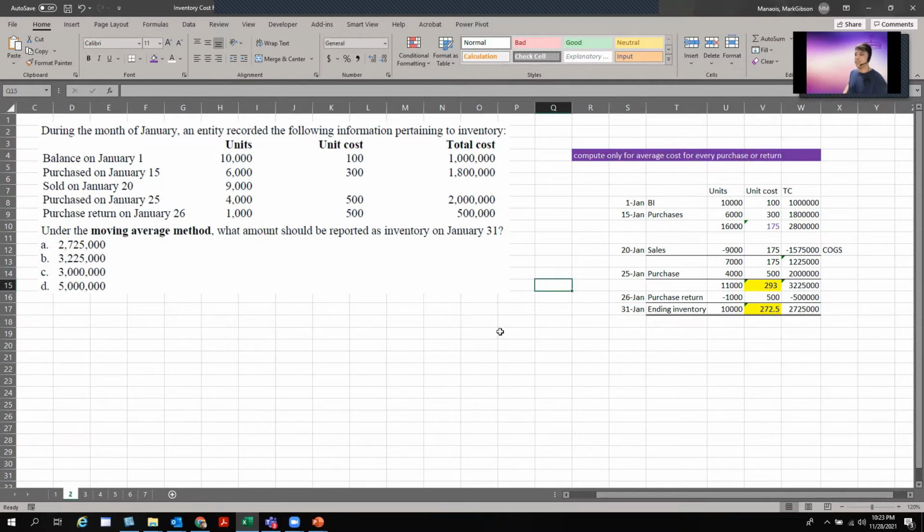So, pag-usapan ngayon natin yan, ano ba requirements? So, what amount should be reported as inventory on January 31? So, of course, isa-isahin muna natin.